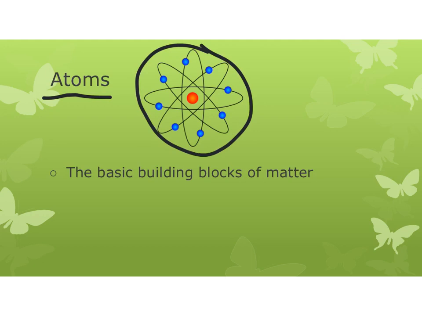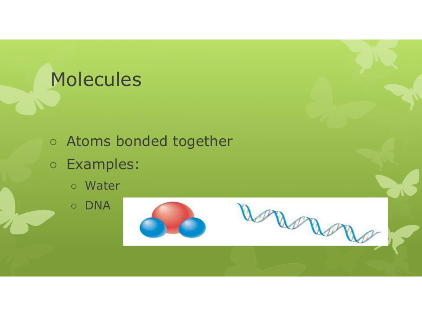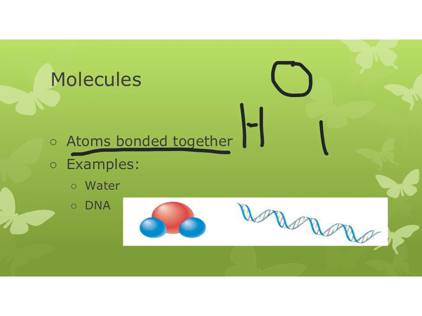So now, if you take atoms and combine them together, then you get a molecule. So if I have more than one type of atoms bonded together, that's a molecule. So if I took an oxygen atom and bound it to two hydrogen atoms, that would be a molecule of water.